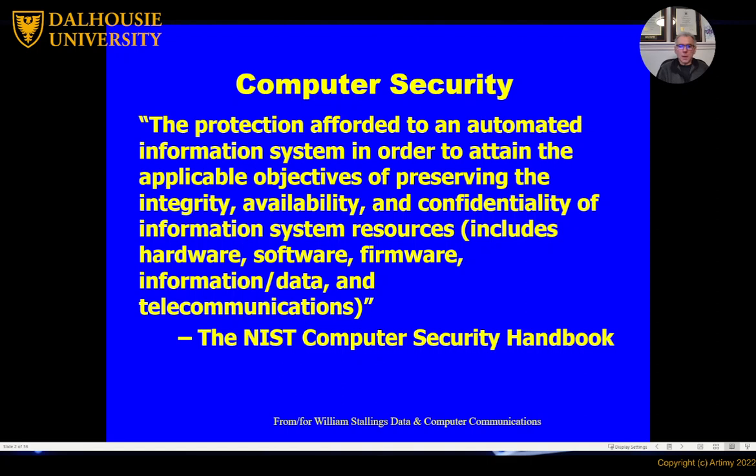So when we talk about computer security, we are talking about all the efforts to protect information systems. Okay? Especially when we talk about security, we always mention the integrity, availability, and confidentiality of information system resources or assets.